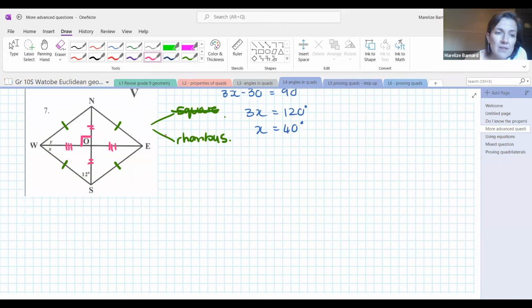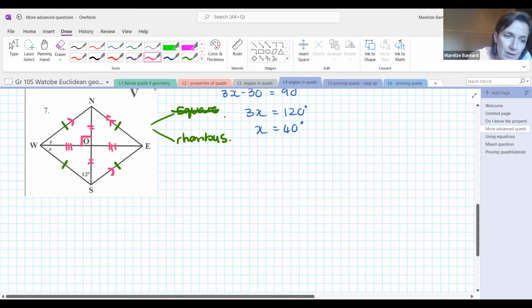Because of these sides that are equal, we've got an isosceles triangle in WNS. Once you've indicated those properties, you go on the fact-finding mission. Remember, you start filling in things that are blank using the properties that you now know. The other thing we can fill in is that opposite sides are parallel.